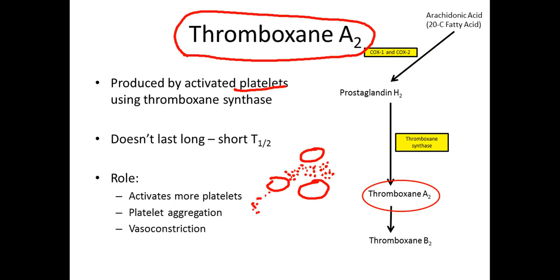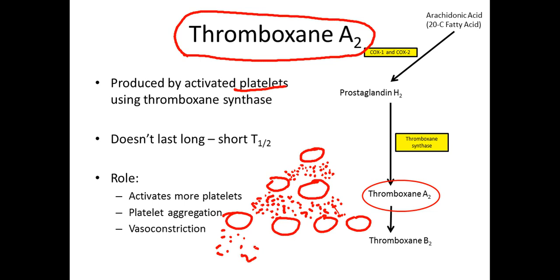So it stimulates them to create more thromboxane A2, so even more is created. More platelets are still coming along because they're found in the blood vessels. They encounter all this thromboxane A2, which stimulates more thromboxane A2, and so on.